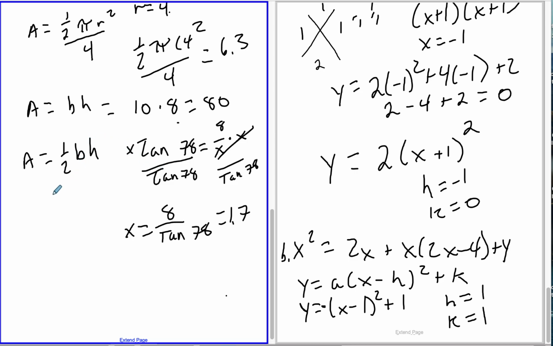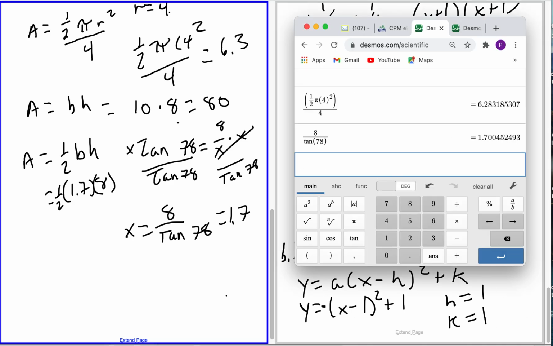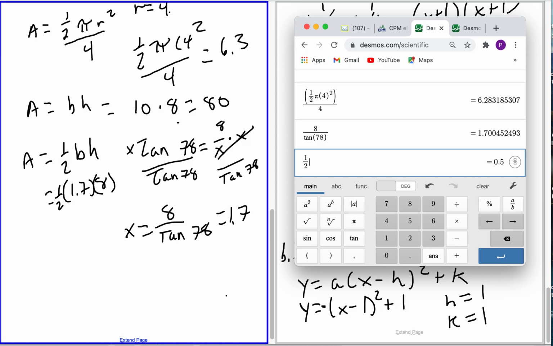My base is 1.7. My height was 8. So my area of that little piece is 6.8.